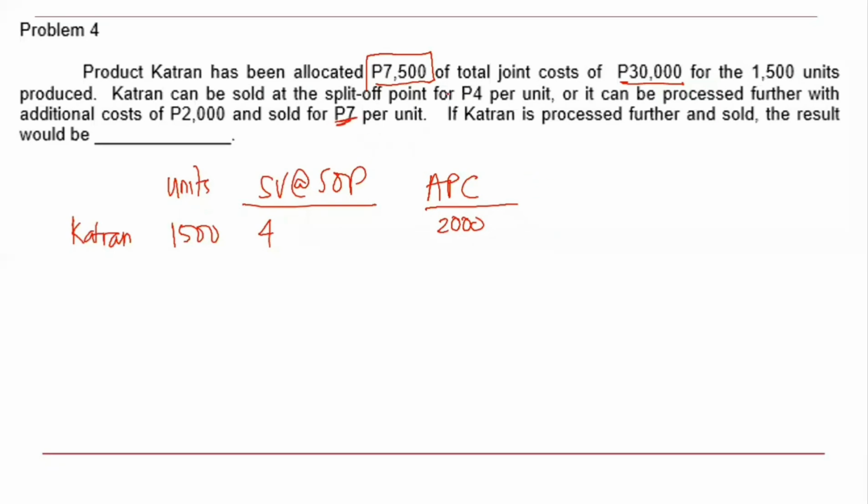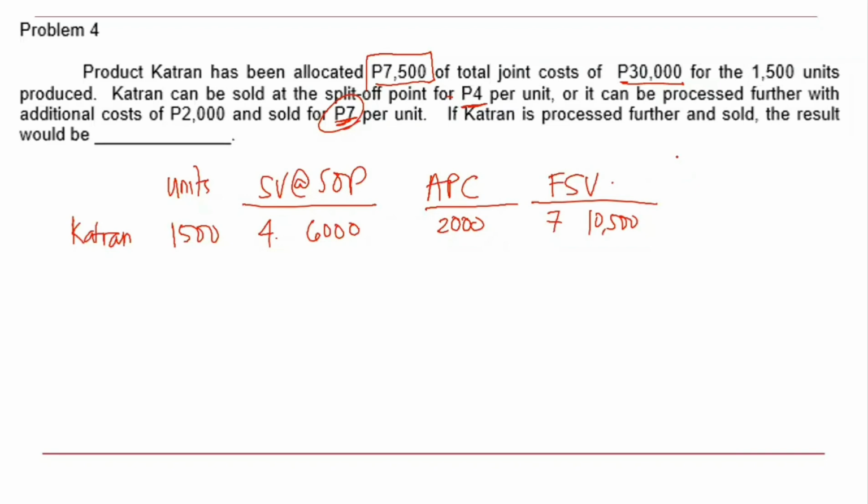Yung 7 pesos at 4 pesos parehas na sales value, pero itong 7, ito yung final sales value. So, ang incremental sales value mo ay 3. O pwede naman na 4 times 1,500, that is 6,000 pesos in total. 7 times 1,500 is 10,500 pesos.